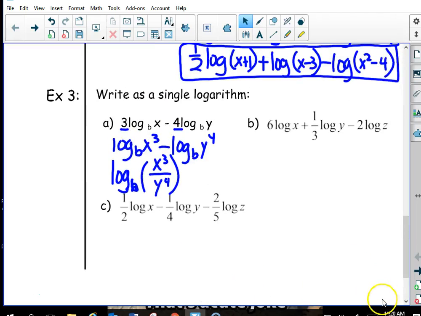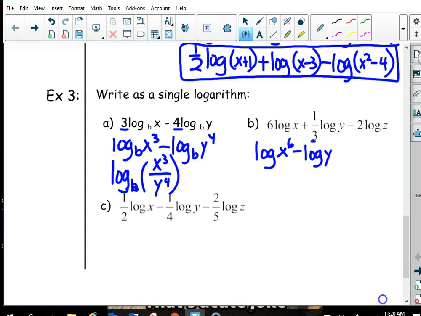Okay, B. Again, what happens here is we get a fractional exponent showing up. So log of x to the sixth minus log of y to the 1/3 minus log z squared.